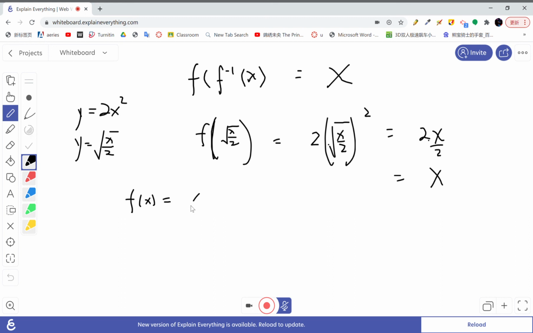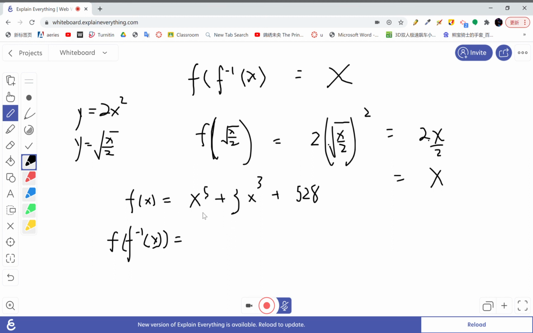So let's say we have a function f of x equal to x to the fifth power plus 3x cubed plus 528, and we want to find f of the inverse function. This will just be x indeed, the value of x.